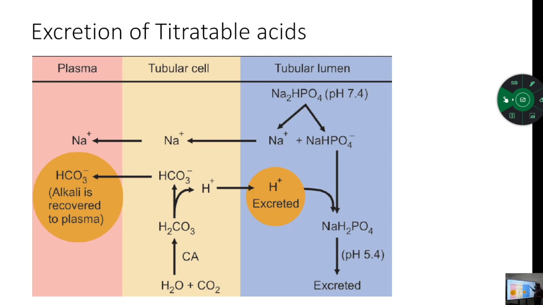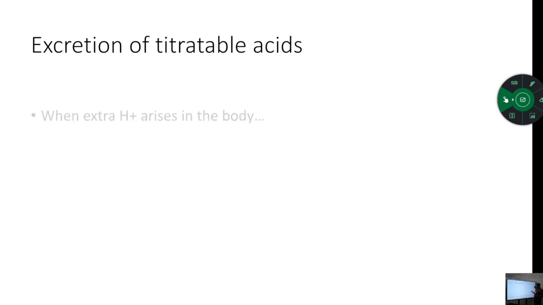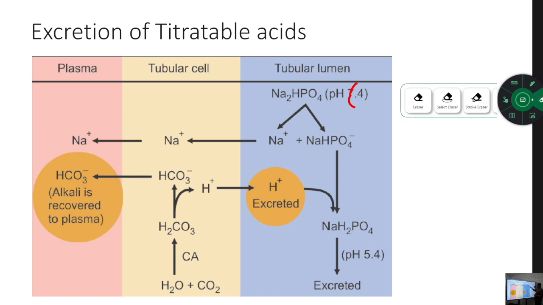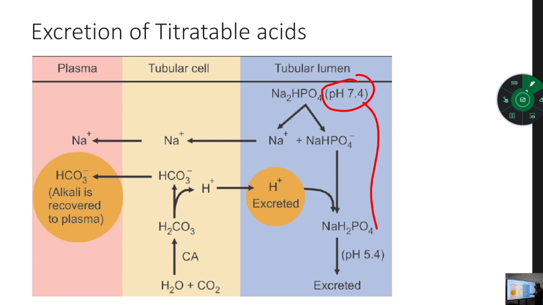You can observe the change in pH here, right? You can see that the pH 7.4 has become pH 5.4. That means it was filtered as a basic thing, or not so acidic thing.